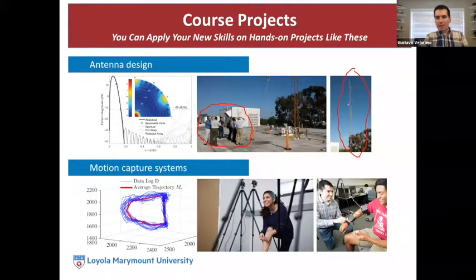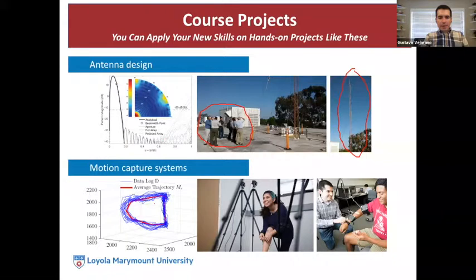And the idea of this project was to estimate the coverage of the radio station. The interesting part of the project is that it was a collaboration with local industry, and that's something that we always try to encourage, so that our students can network with engineers from local industry.